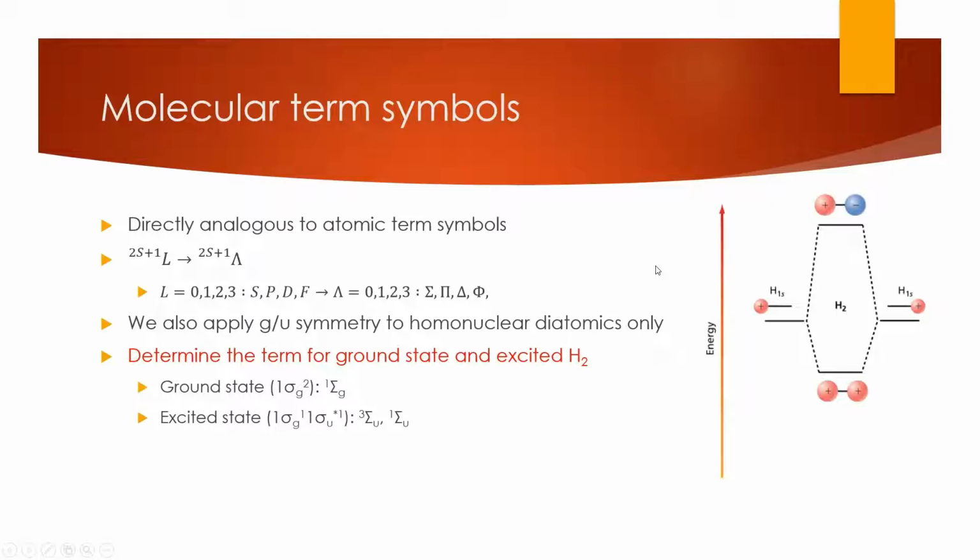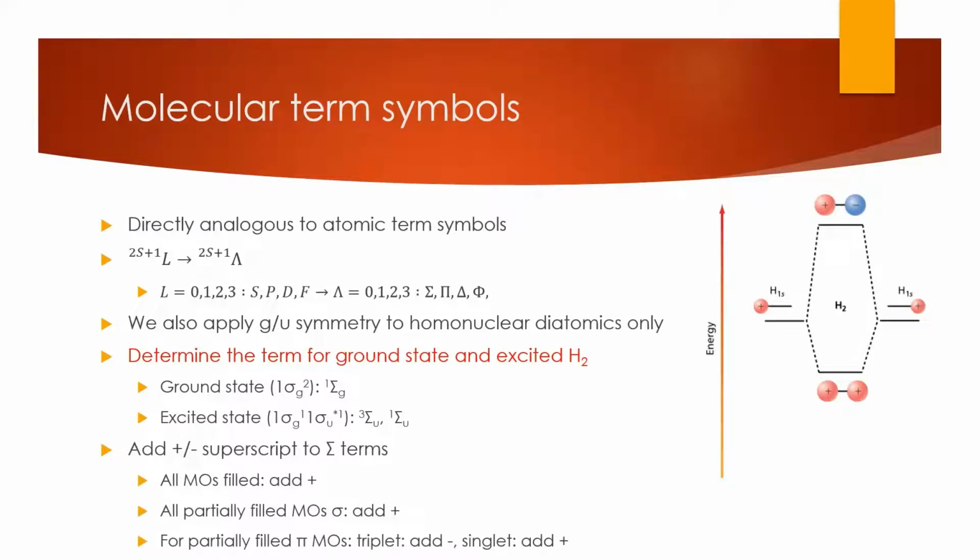To properly designate these, we can add g's and u's. This is a little more complicated than we want to get into, so don't worry too much about applying g and u symmetry to these terms. But the one thing we do want to be able to apply is plus and minus superscripts, especially for homonuclear diatomic molecules. We can apply these superscripts based on the following rules of thumb, which again work for homonuclear diatomic molecules. If all of the MOs are filled, we have a plus.